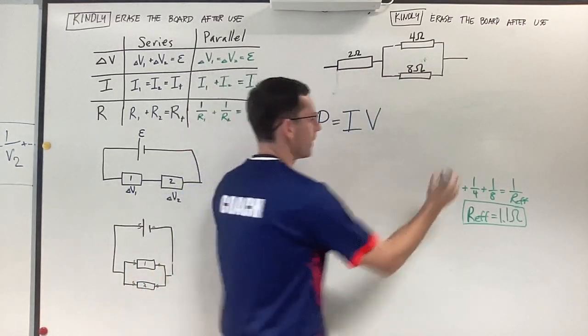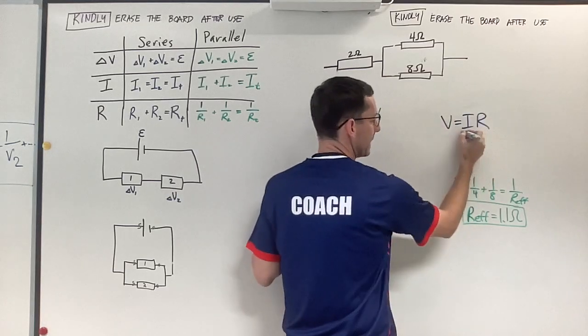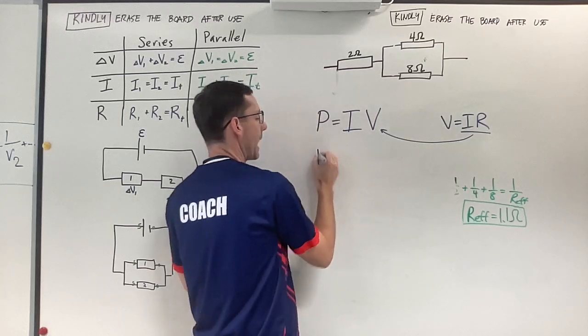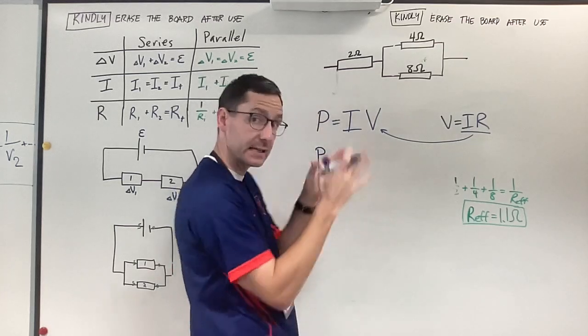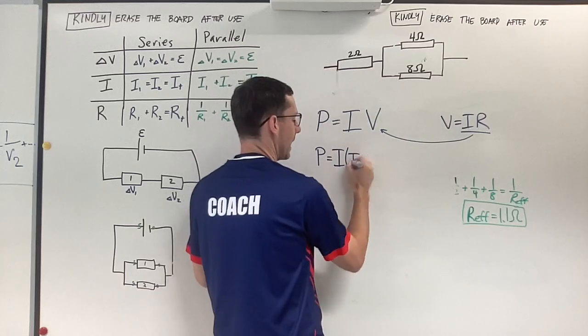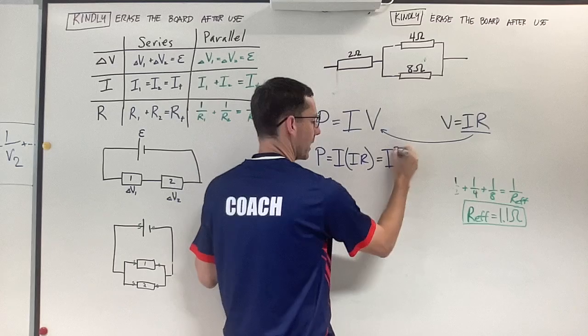Today, we learned that V equals IR, which means if I substitute IR for V, then the power that's being lost in a resistor will be I times IR. Or in other words, I squared R.